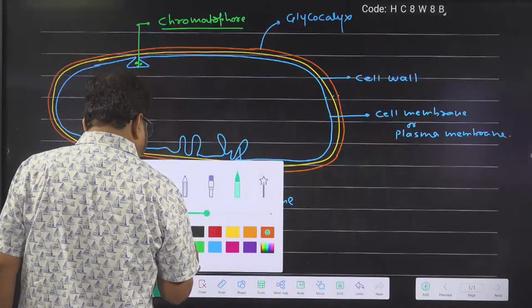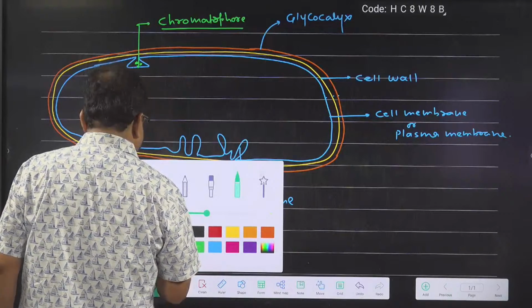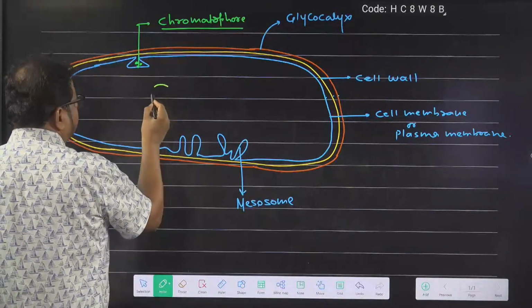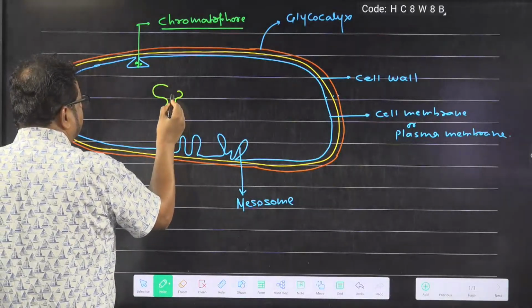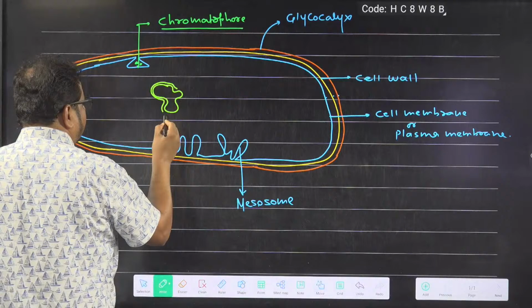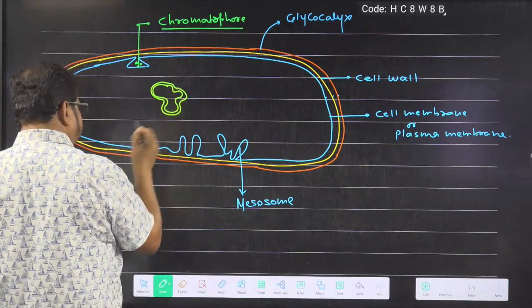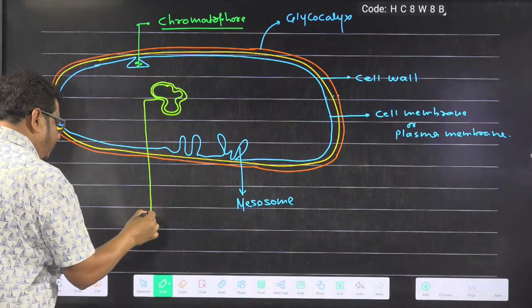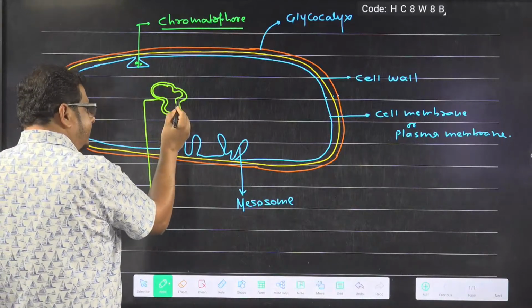In the center of the prokaryotic cell, you will find, I am just making it like a double-stranded extrachromosomal circular DNA. Got the idea? I will not say the name. I am expecting you will say the name. I just gave a hint here.